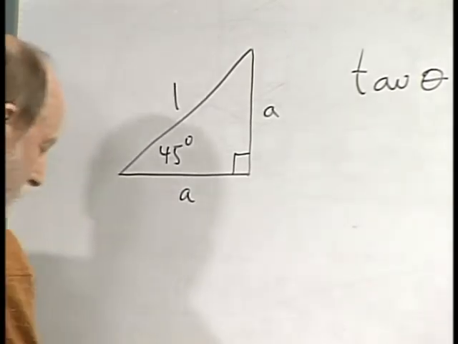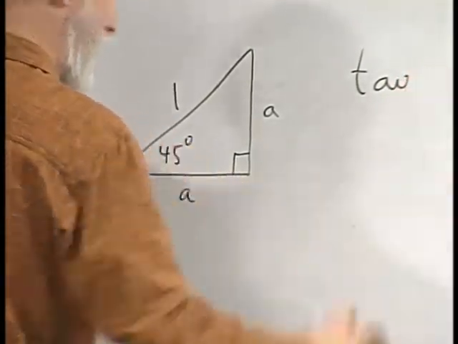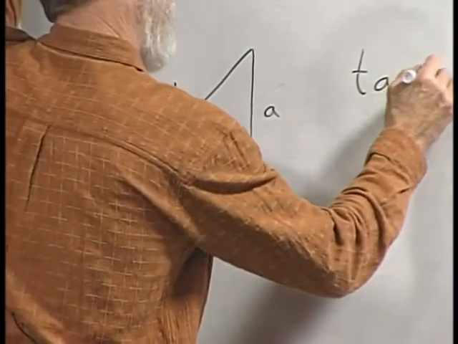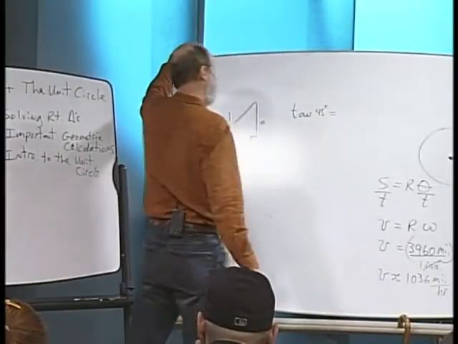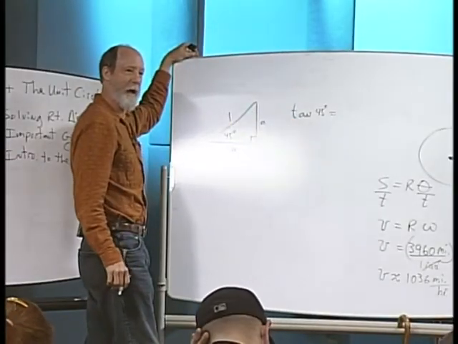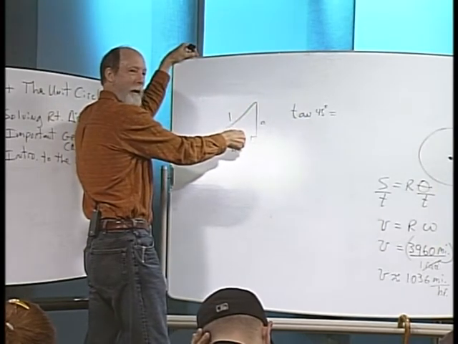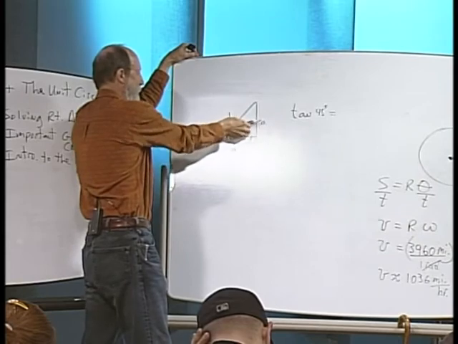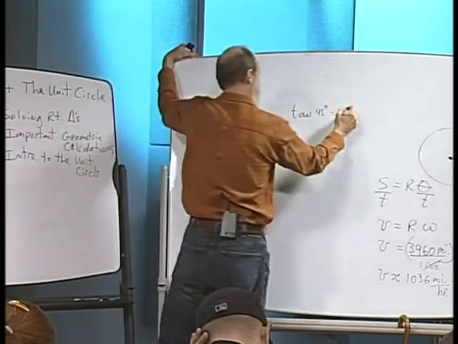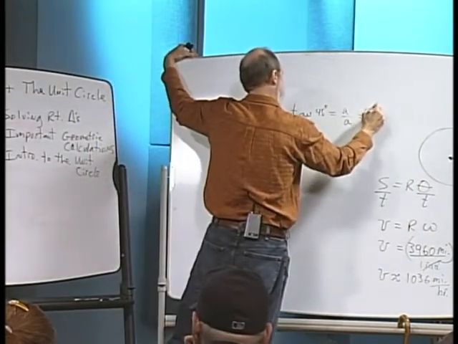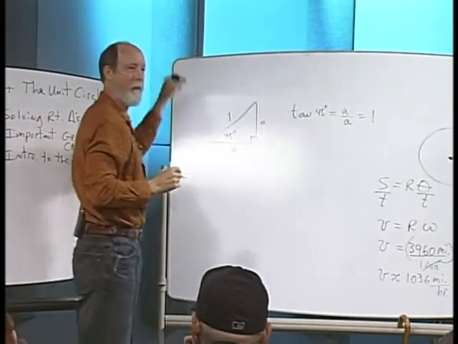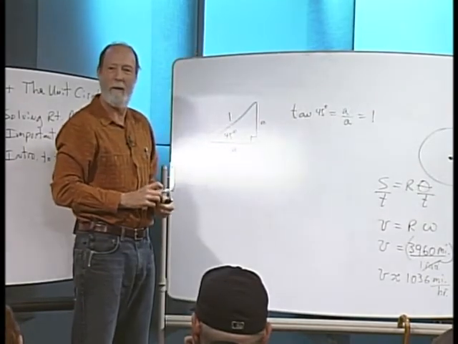Let's let that angle be 45 degrees. By definition of tangent, it's opposite over adjacent. The tangent of 45 degrees is 1.